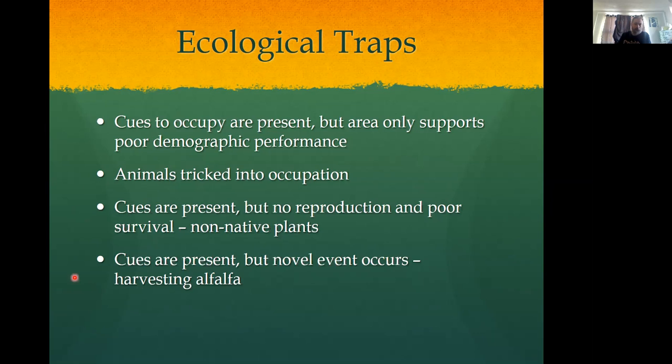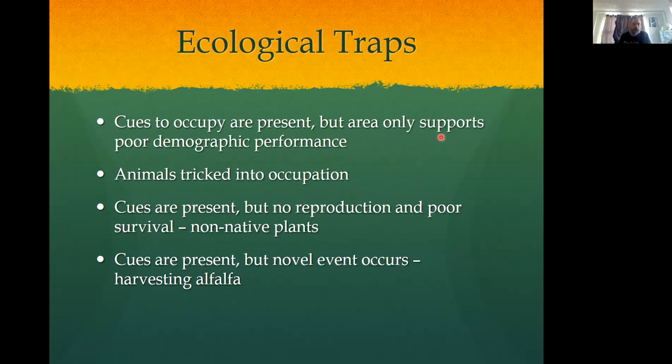So a couple of things can make an ecological trap from the animal perspective. In both cases, the right cues are there, right? They think they have what they're looking for, but for a variety of reasons, it's not working out.